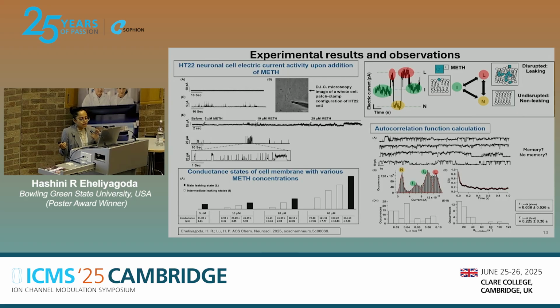There's a classical way to analyze this fluctuation data using the autocorrelation function calculation. We carried out this analysis to study further, and what we found, interestingly, when we fitted it by exponential decay fitting, is that this stochastic process is non-Markovian, meaning it's not a single well-defined rate but a distribution of rates.